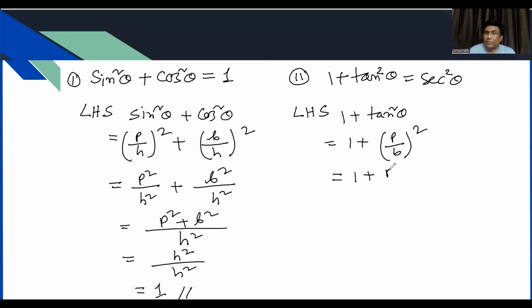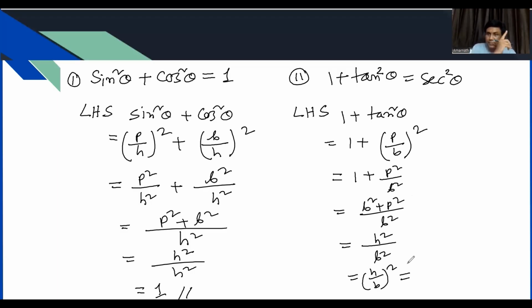So 1 plus P square by B square. If I take the LCM B square, then B square into 1 is B square, then P square. Again, you know that P square plus B square is H square. Who told? Pythagoras. It is nothing but H by B whole square.